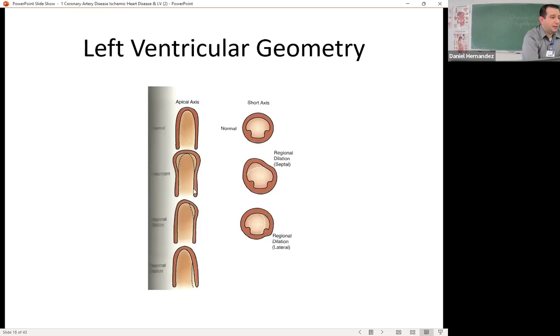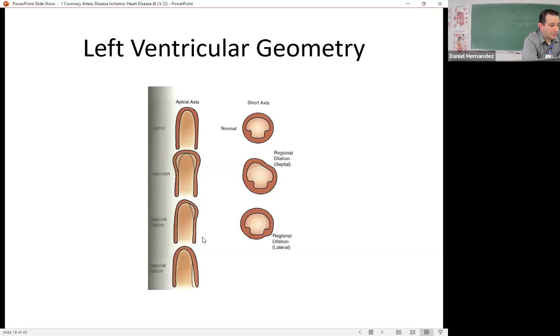This is just a slide showing that a good habit to get in is to assess your ventricular geometry. This is where it's important to make sure you're not getting a foreshortened view. You want to try and obtain a nice apical 4 chamber view and get your nice cylindrical or bullet shaped appearance of your ventricle.